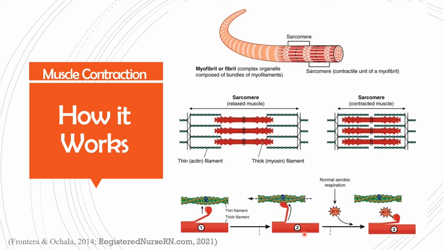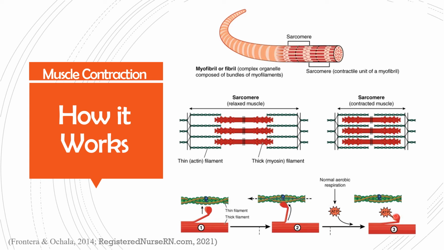When you want the muscle to go back to a relaxed state, because you don't want to be tensed up the entire time, you want your muscles to be able to relax on command. That's when your brain sends ATP, which is the main energy source of the body, into the muscles. Ta-da! The ATP gets right in between and attaches to that knobby head of the myosin.